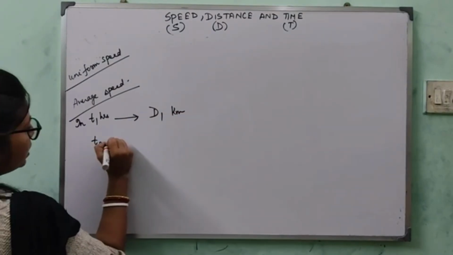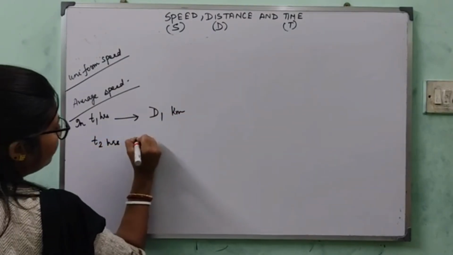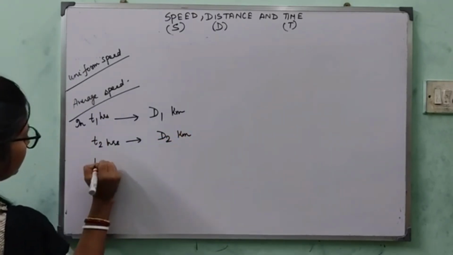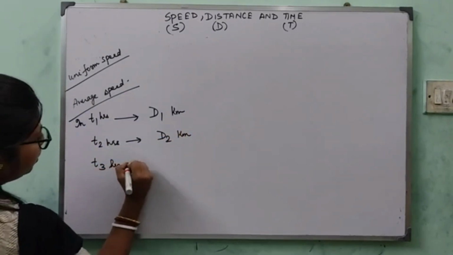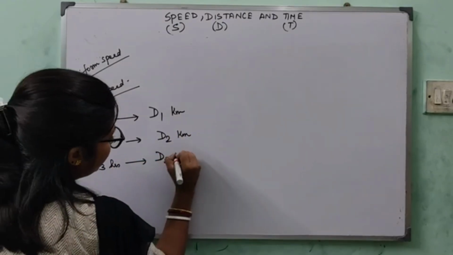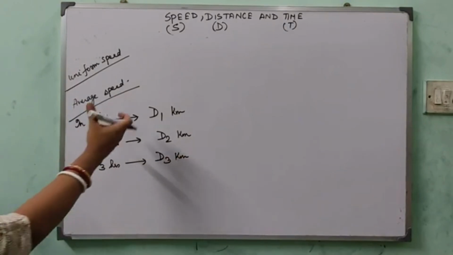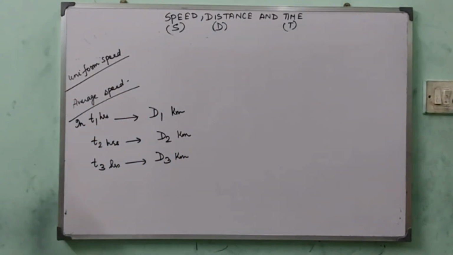Again in t2 hours you cover a distance of d2 kilometer, and in t3 hours you cover a distance of d3 kilometer.